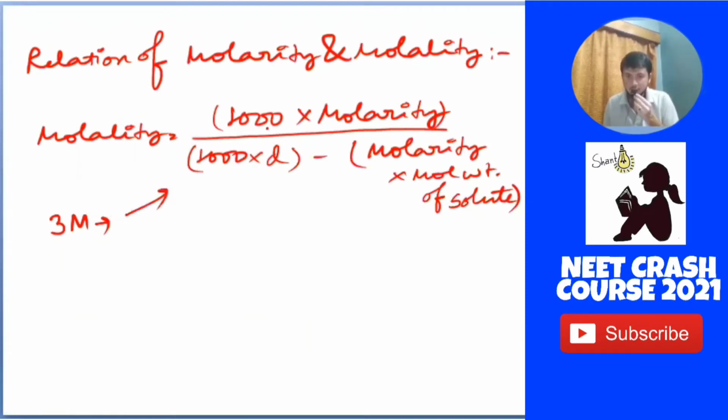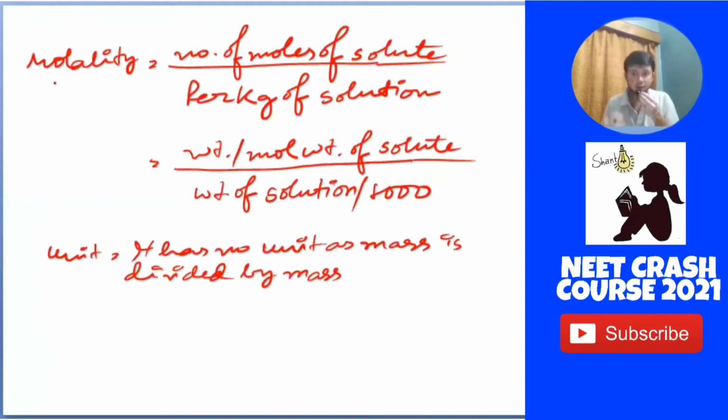Molality equals 1000 into molarity by 1000 into density minus molarity into molecular weight of the solute. So let us see it again: 1000 into molarity by 1000 into D minus molarity into molecular weight of the solute. Okay, but what is molality?